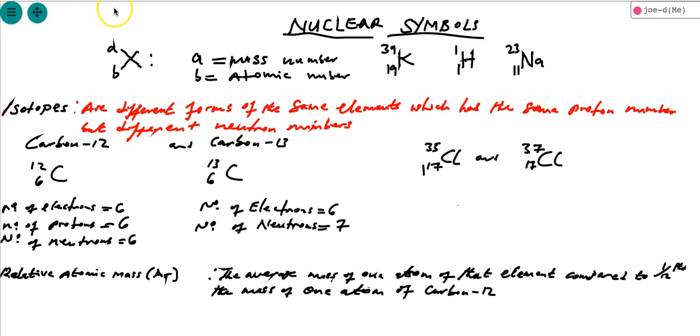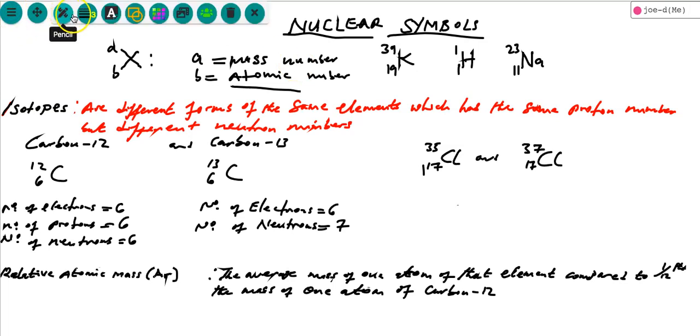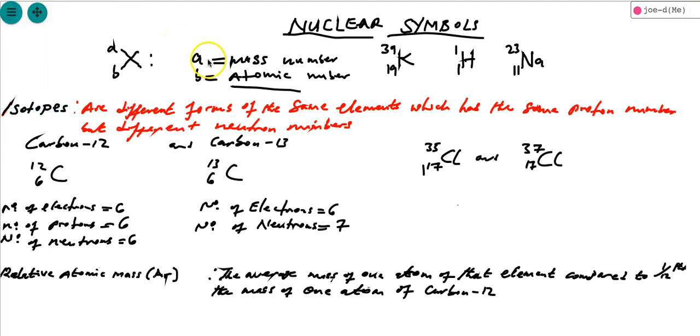So here our generic atom is normally represented by this nuclear symbol, and you will see two numbers here. The bottom number is the atomic number and the top is the mass number. So let's look at an example here.